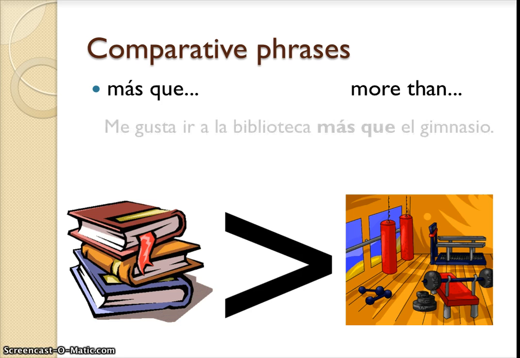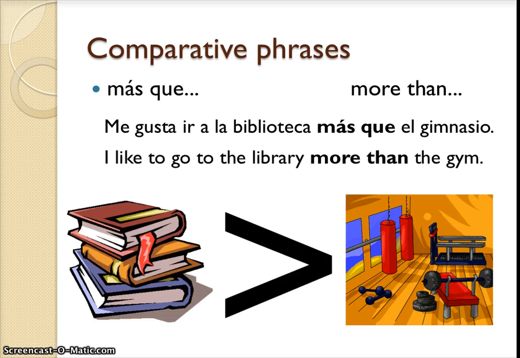Okay? So our example, me gusta ir a la biblioteca más que al gimnasio. I like to go to the library more than the gym. Okay? Notice that we do not have an adjective separating more and than.